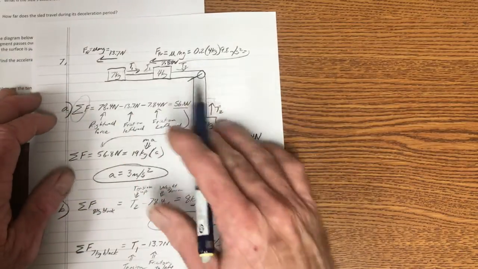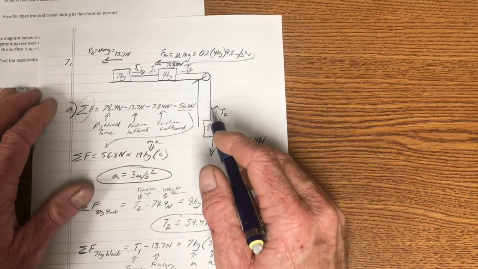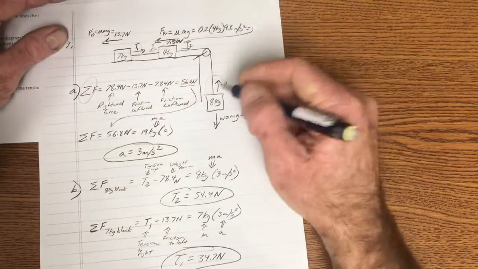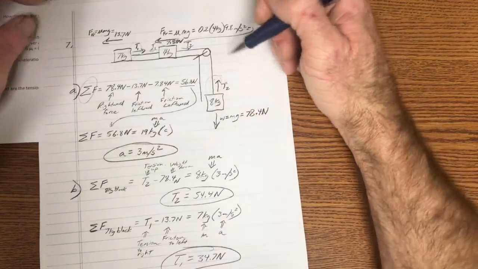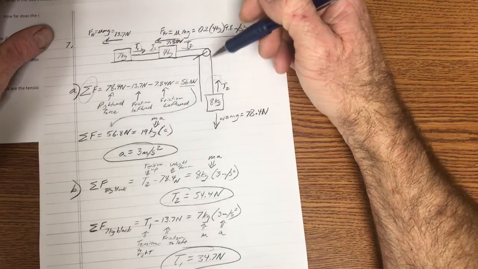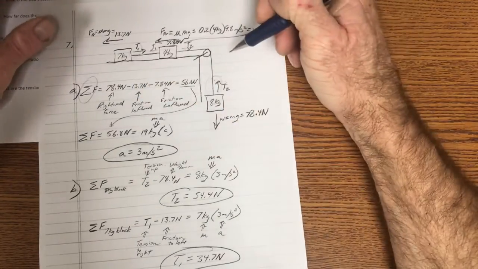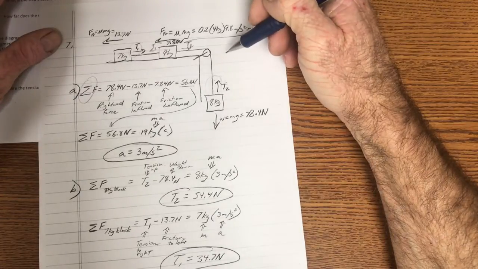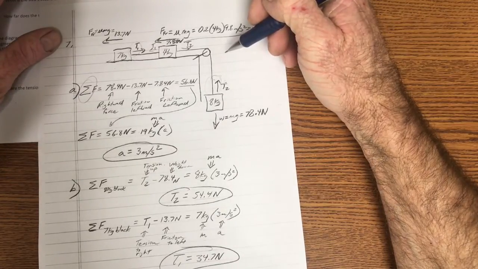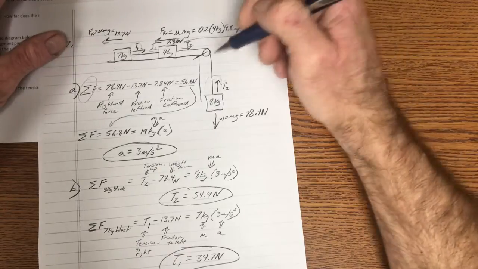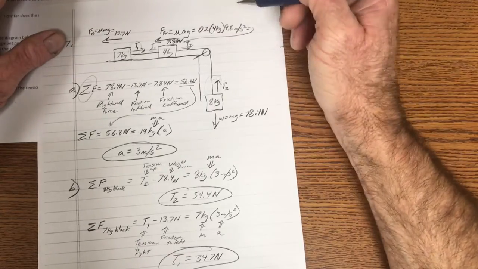So right here what I'm doing is getting the sum of all the forces. I guess I need to decide which way it's going to move. Actually, maybe I don't need to decide. This is kind of weird because friction opposes motion.